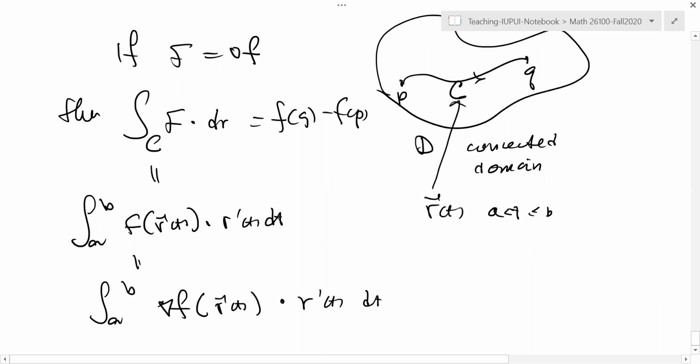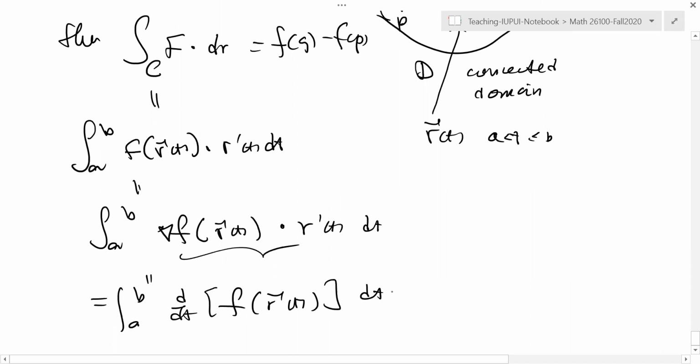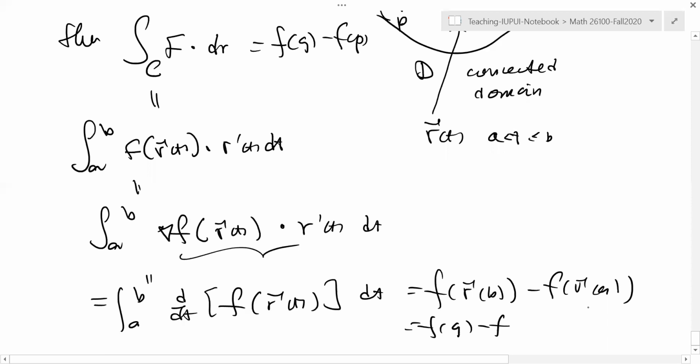By the chain rule, this is nothing but the derivative of f. Therefore, it is going to be f(Q) minus f(P).